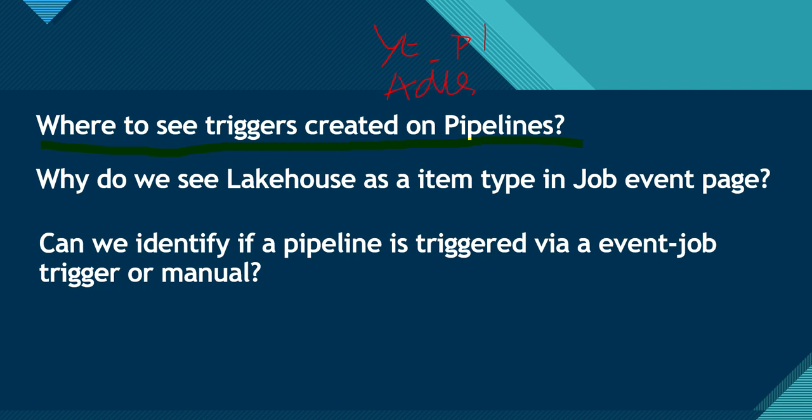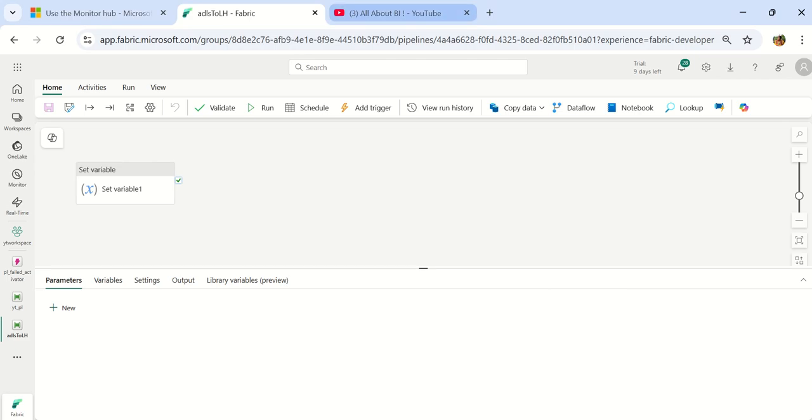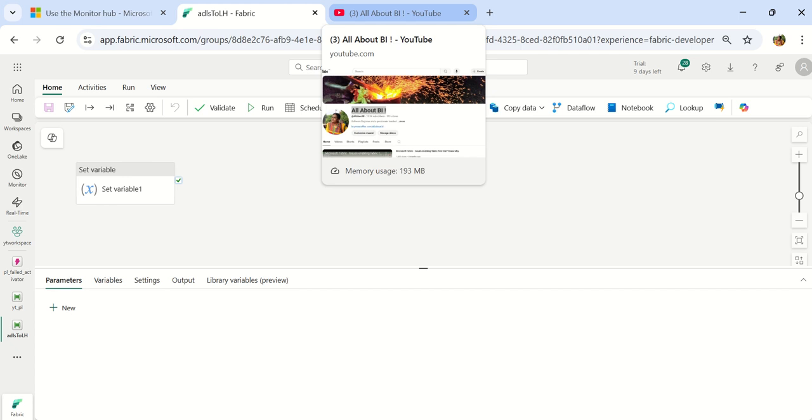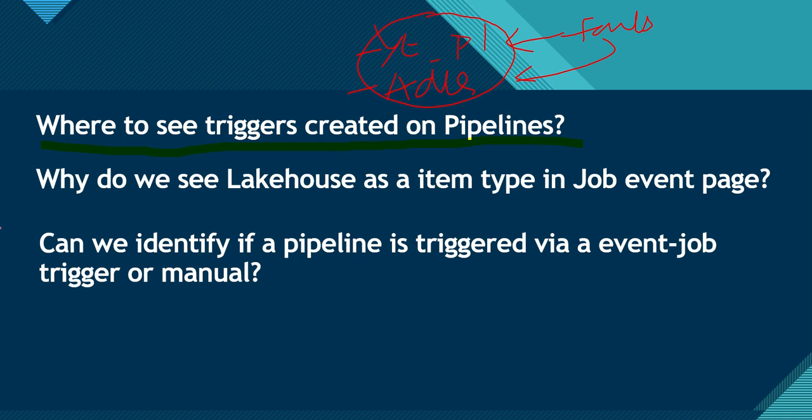Whenever the YouTube pipeline fails, I have to trigger the ADLS pipeline. That is the expectation. But even if you go inside the YouTube pipeline or the ADLS pipeline, you will not get to know which is going to be triggered by which pipeline. Basically, we want to understand in which pipeline which triggers are attached. That is the question I asked: where to see the triggers created on pipelines.